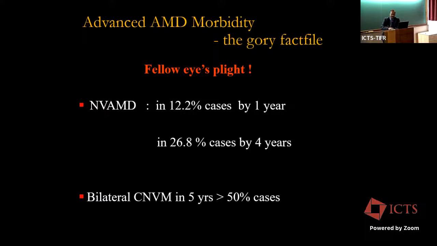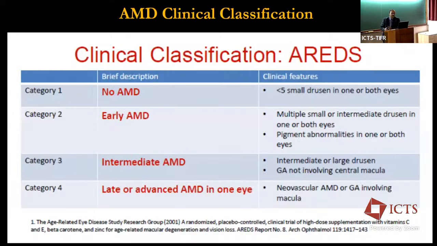So this is the erstwhile clinical classification that one always refers to. A lot of studies are based on this. It came through at the turn of the millennium, about 2001. Category 1, no AMD: less than 5 small drusen in one or both eyes, and I will define these entities later. Category 2, early AMD: multiple small or intermediate drusen, and pigment abnormalities in one or both eyes.